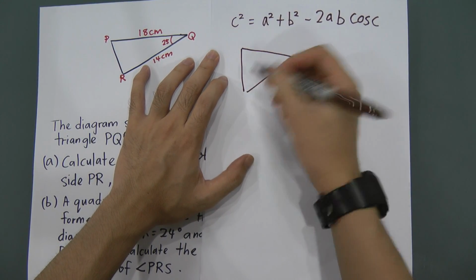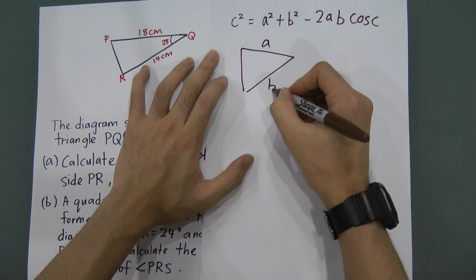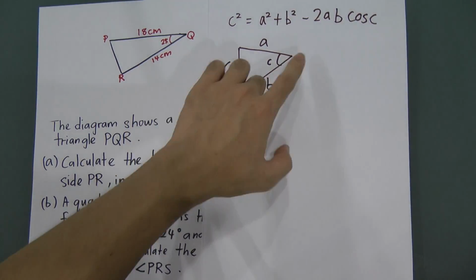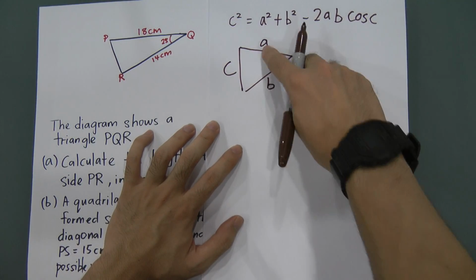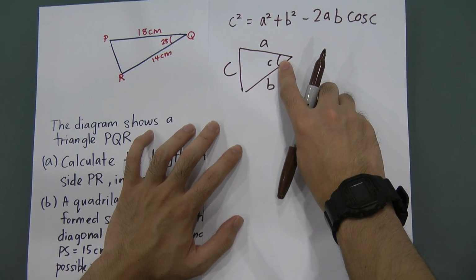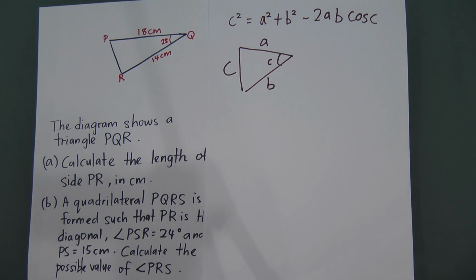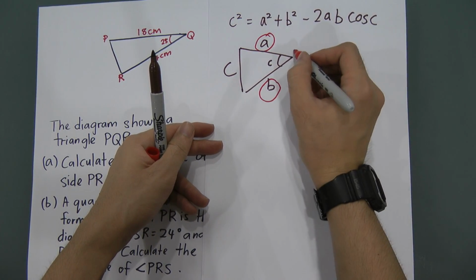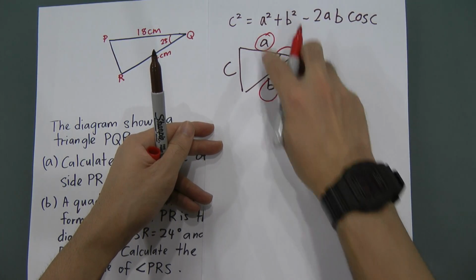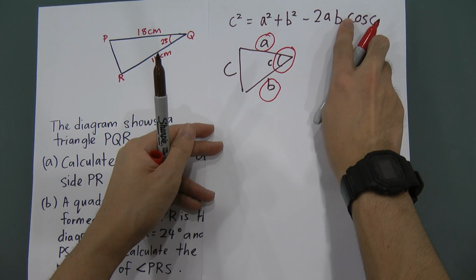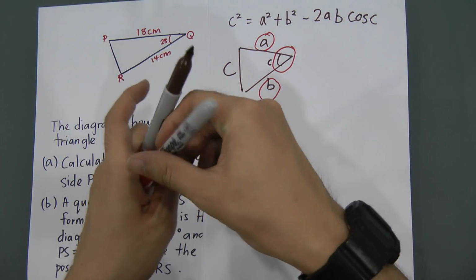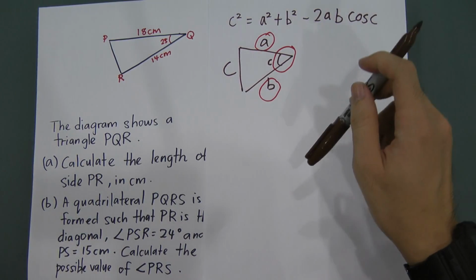Let's assume this is A, this is B, and this is C, and this is angle C. When you have two sides and one angle in between, you can apply this formula. I repeat one more time: two sides and one angle in between, then you can use this formula to find the length C. Therefore, we just apply it here.